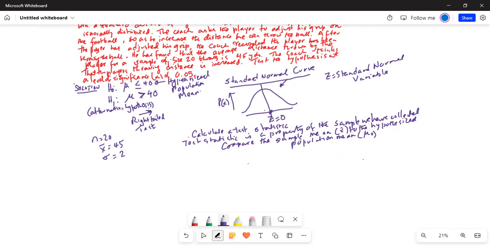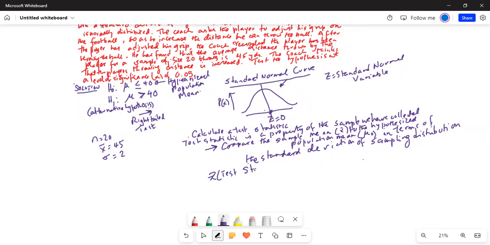Okay. So how do you define the test statistic? We will be comparing the sample mean to the hypothesized population mean, and this is in terms of the standard deviation of the sampling distribution. So Z, the test statistic, is given by this formula.